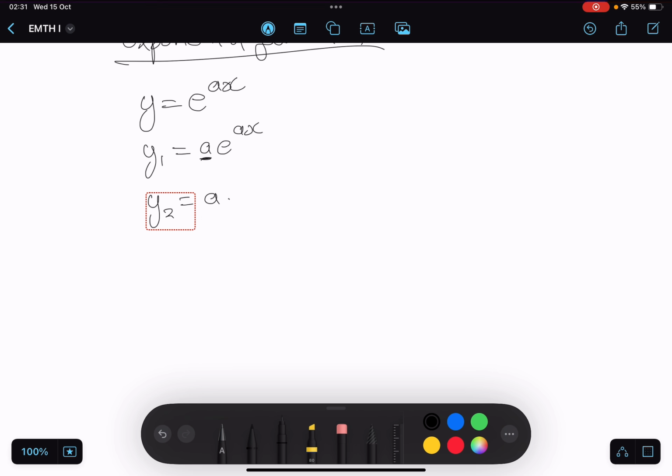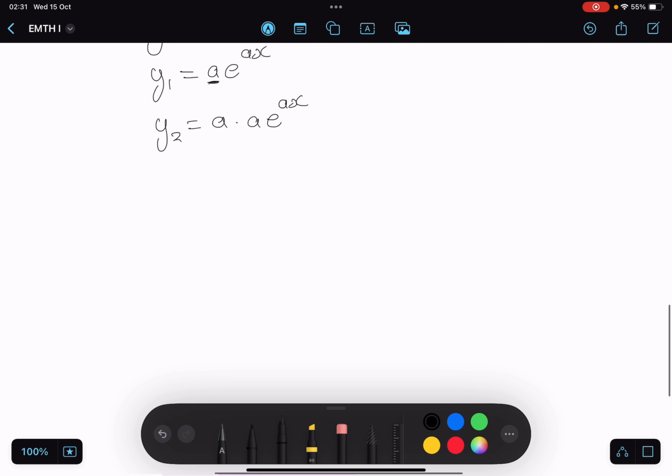We're going to have a times a e^(ax), which is equal to a² e^(ax), and the third derivative is going to be a times a² e^(ax), which is equal to a³ e^(ax), right?